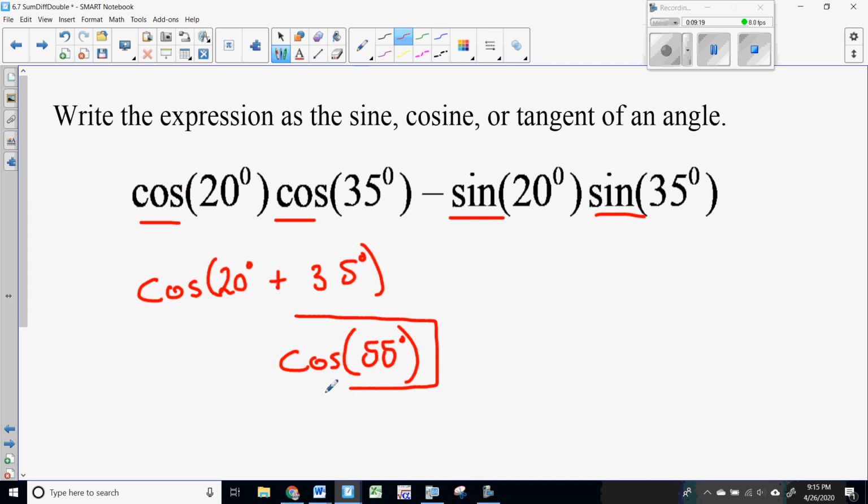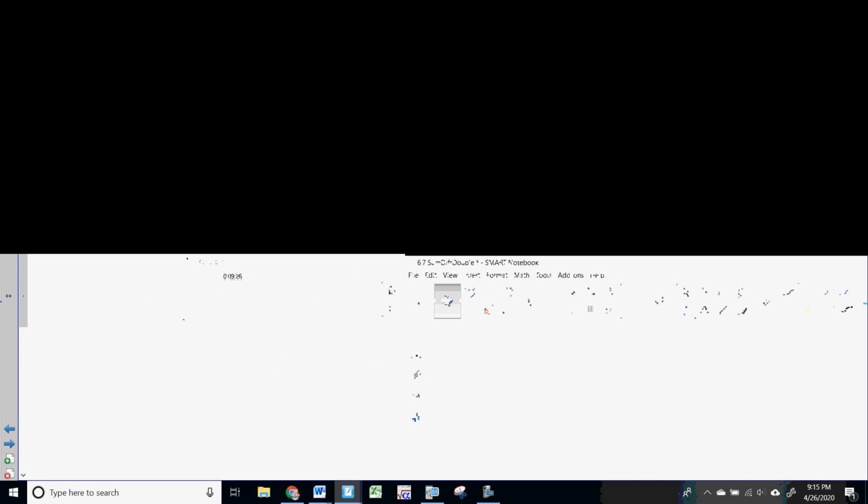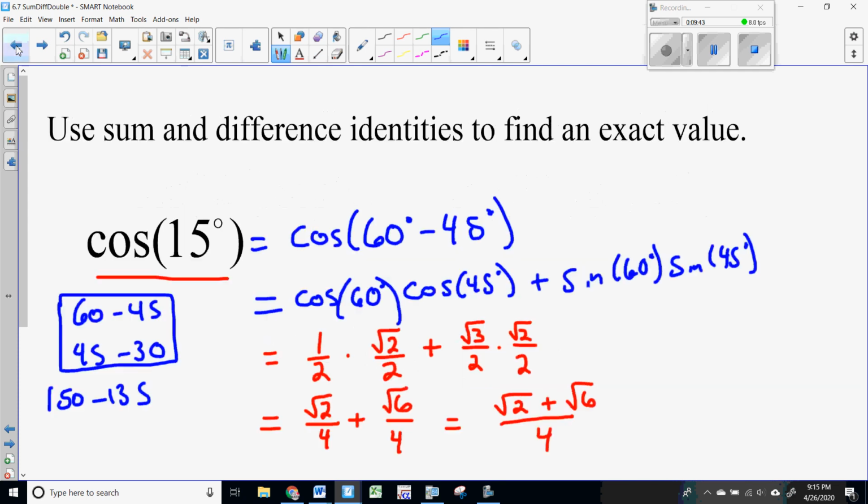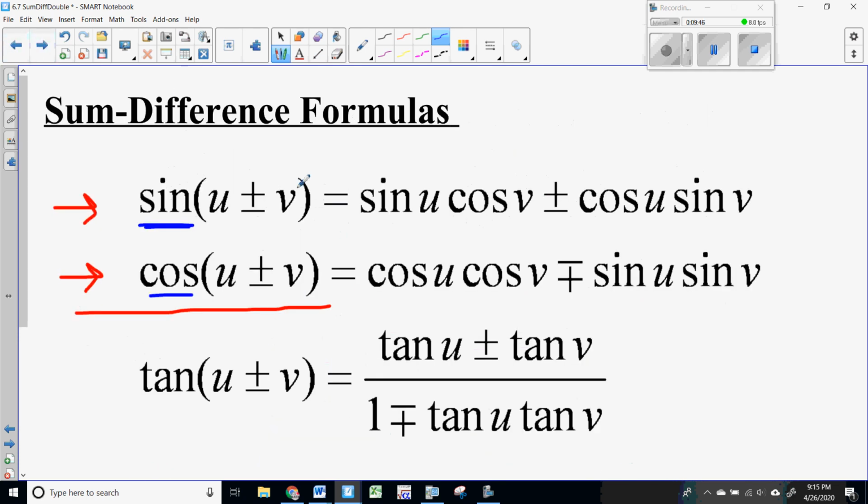And like I said, this is just getting us used to how to use these identities. Now, let's say we want to prove a trig identity. Let's say we want to look at what is cosine of x plus x, or this would be cosine of 2x if we think of it as double the same angle. Cosine plus is cosine, cosine, sine, sine with a minus sign.